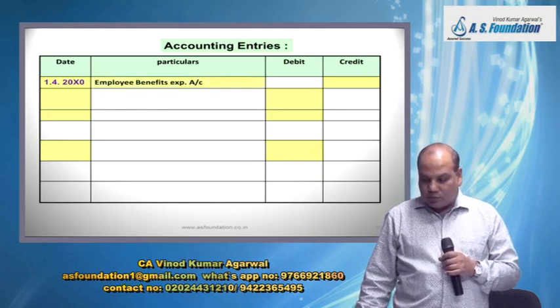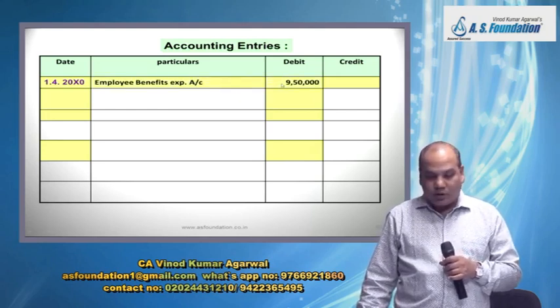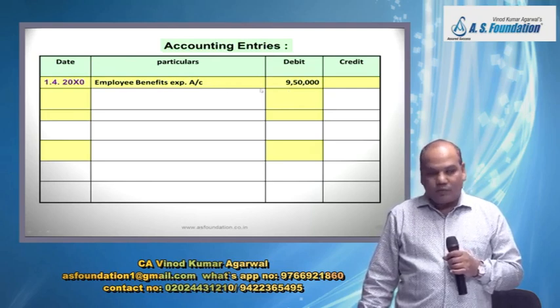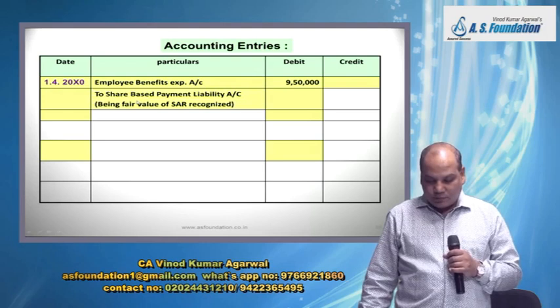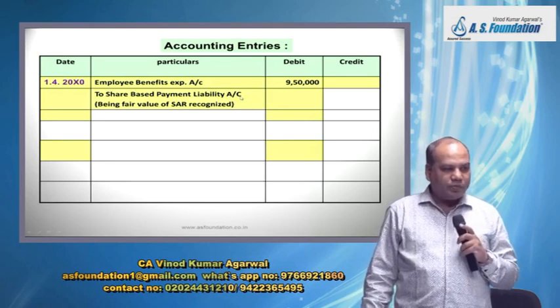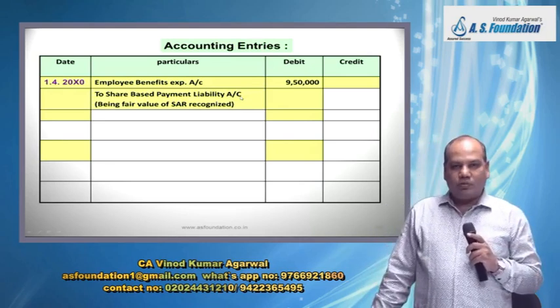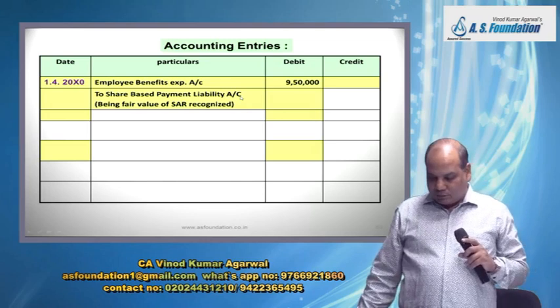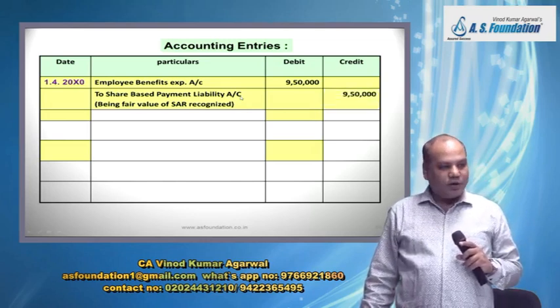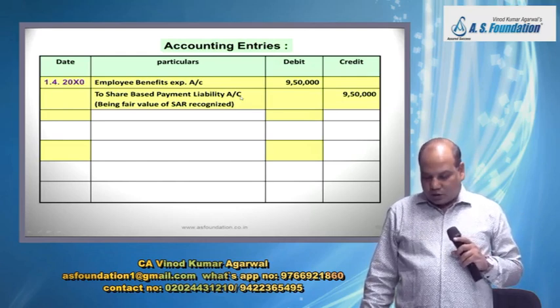Entry will be this time employee benefit expense account debit 9,50,000, but credit will not be given to share based payment reserve. Credit will be given to share based payment liability account, 9,50,000. Being fair value of SAR recognized.